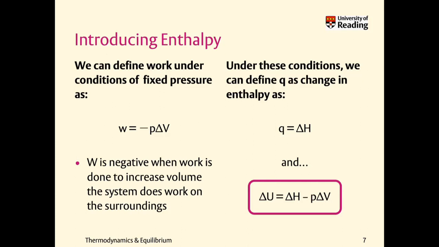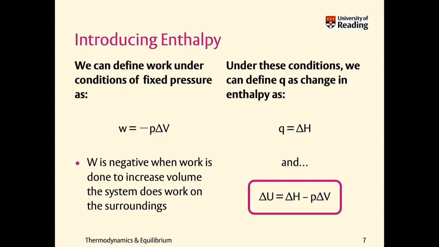This means the change in total internal energy can now be written differently. I said that the change in total internal energy was Q plus W. Well, now we have defined W as minus P delta V. So the change in total internal energy is now equal to Q minus P delta V. And this is where the change in enthalpy comes in.